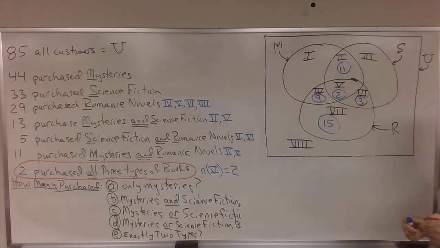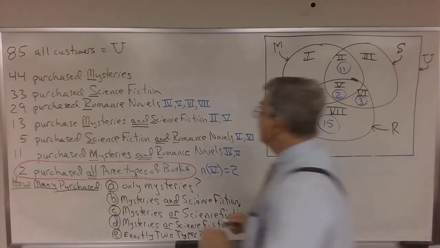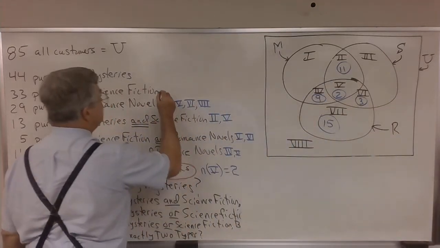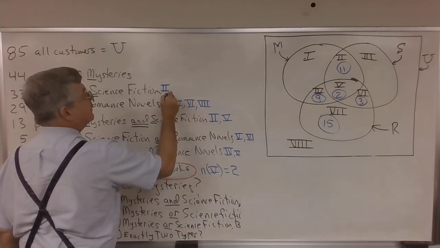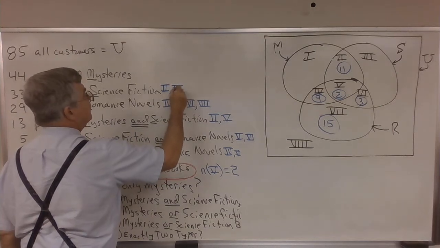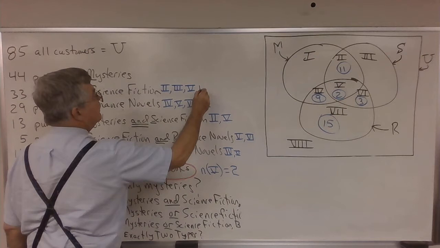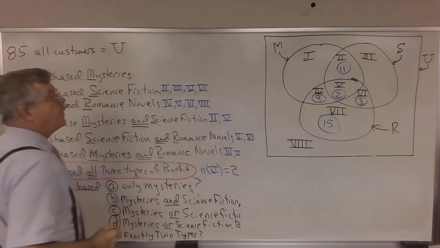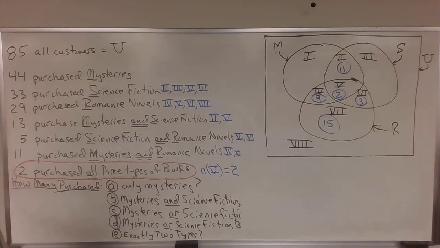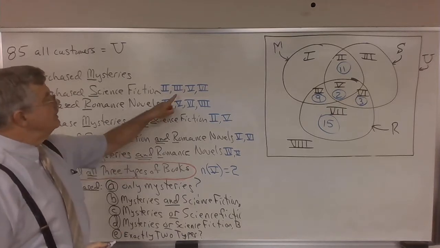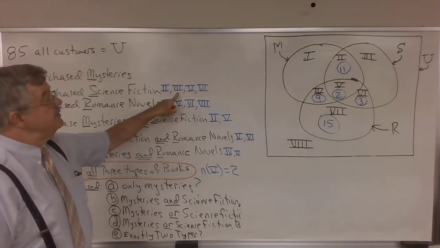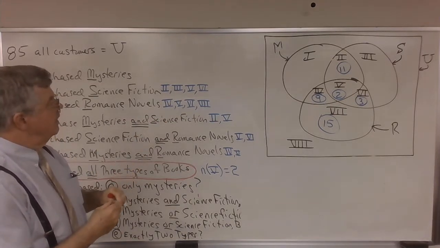So those 4 regions make up the science fiction circle. Region 2, 3, 5, and 6. And this is beautiful. The only one that we don't know is region 3. Oh, this is great.